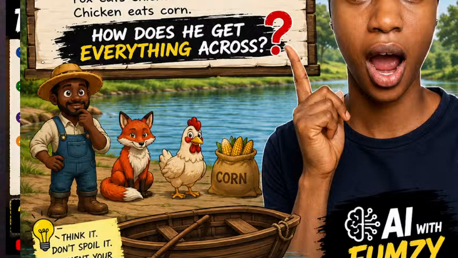Remember, when he picks the chicken, what will be left is the fox and the corn. So when he returns back alone to pick any of these two, the next thing he's going to pick is the fox. He's going to pick the fox and cross. Remember, by the other side of the river, what is there is just the chicken.